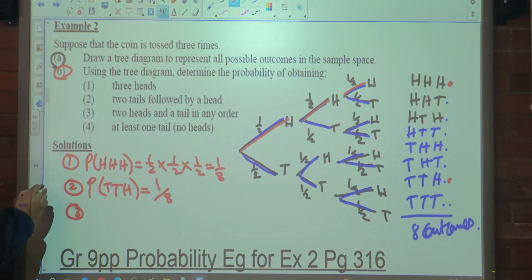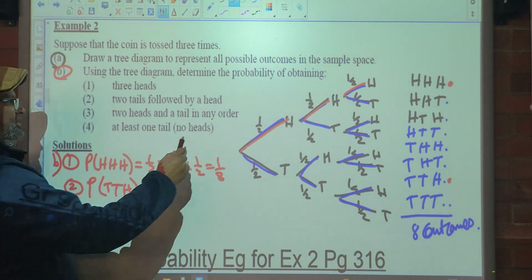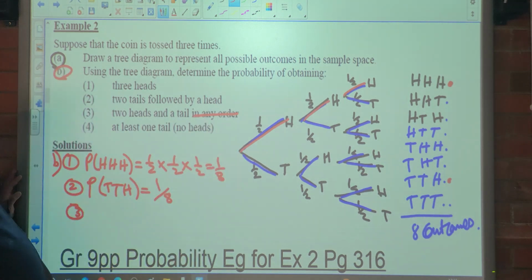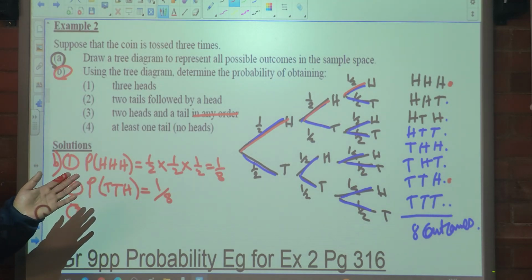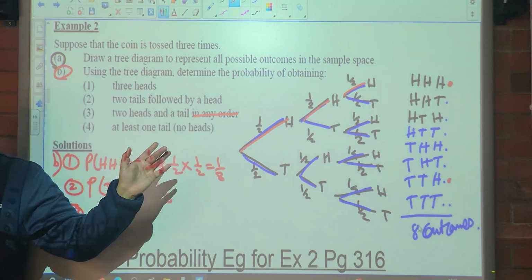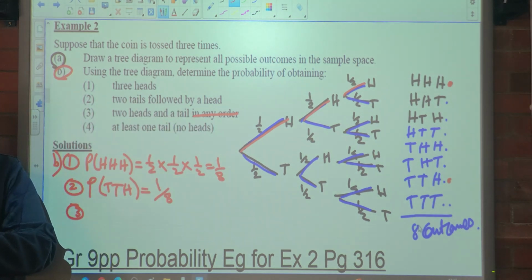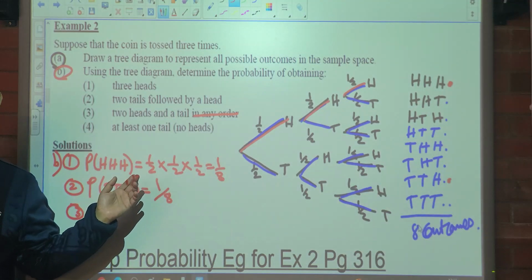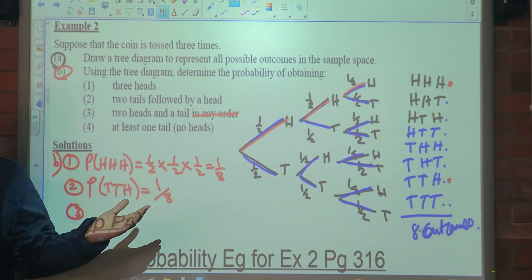Number 3. 2 heads and a tail in any order. Now, he didn't have to say in any order. We'll just say 2 heads and a tail. Then we would have known it's any order. If they specify, like here, followed by a head, then it can only be that. But without specification, you can consider all. You guys understand?